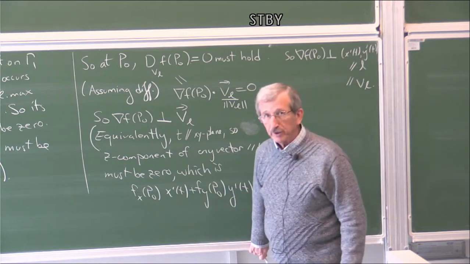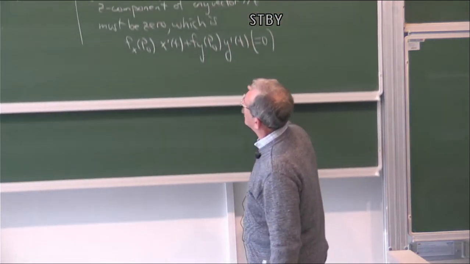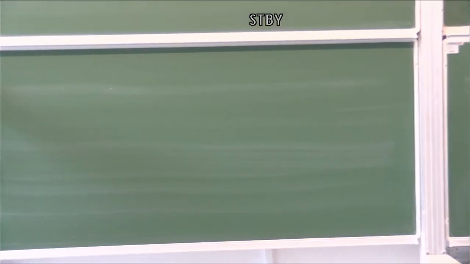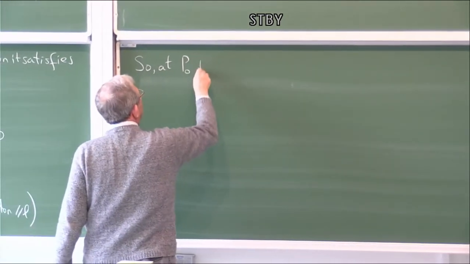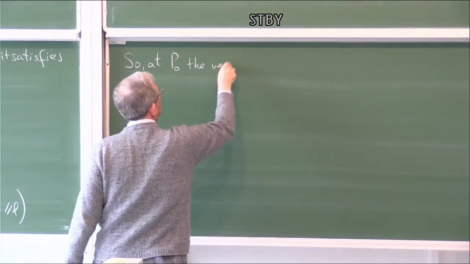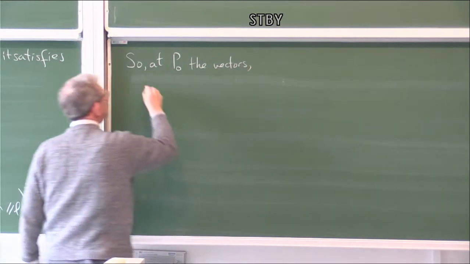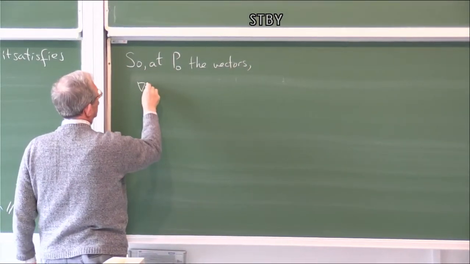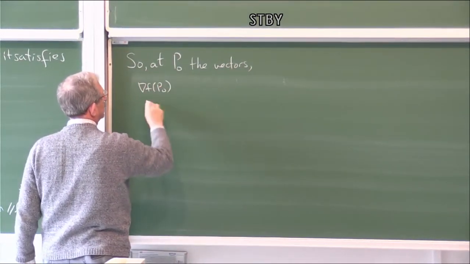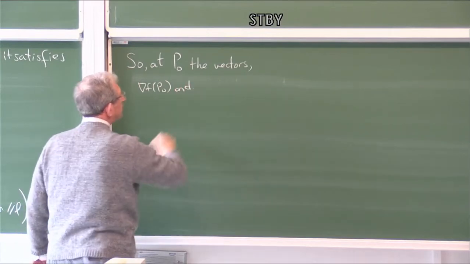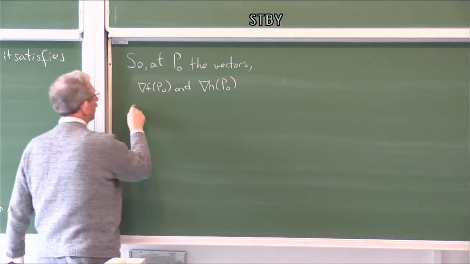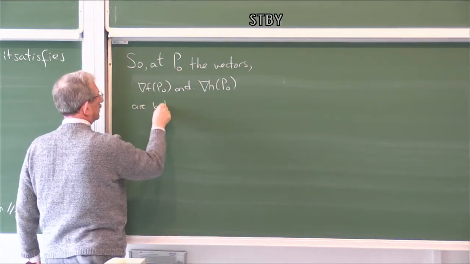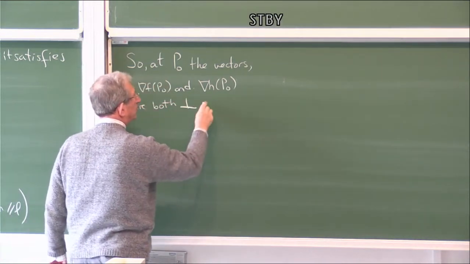Putting them together, at p0, the vectors gradient f at p0 and gradient h at p0 are both perpendicular to VL.